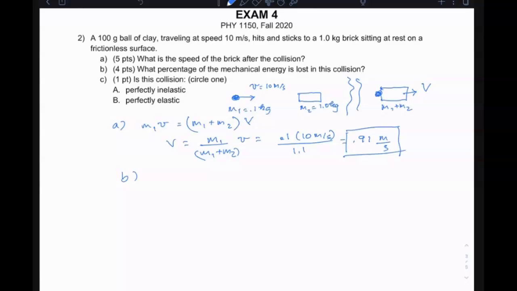So we want to find out how much kinetic energy is lost. In other words, what's the difference between the initial kinetic energy and the final kinetic energy? And we divide that by what our initial kinetic energy was before the collision to find the percentage lost.